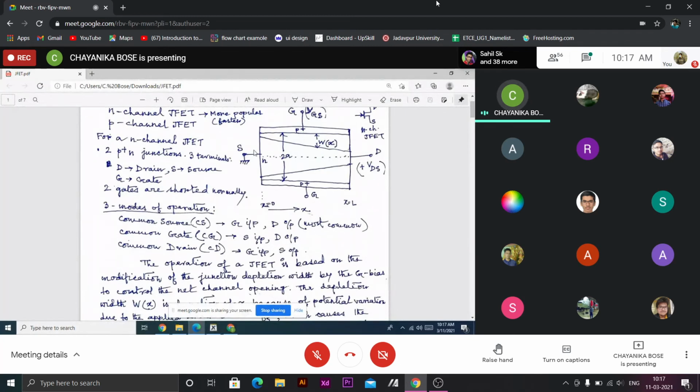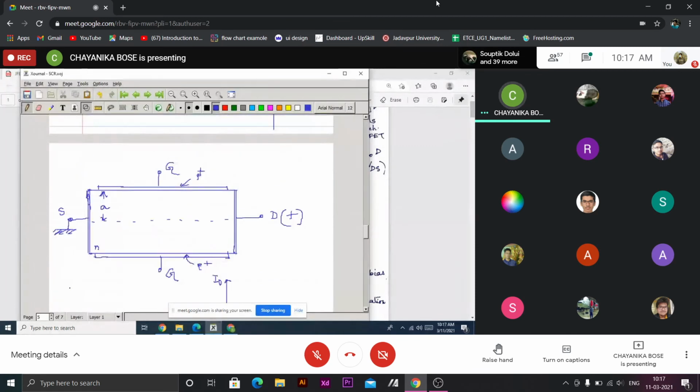And two junctions. So initially the entire cross section of this channel is open for current flow. When we do not apply any voltage, still, due to the existence of this P plus N junction, there will be a depletion region on the two opposite sides of the channel.